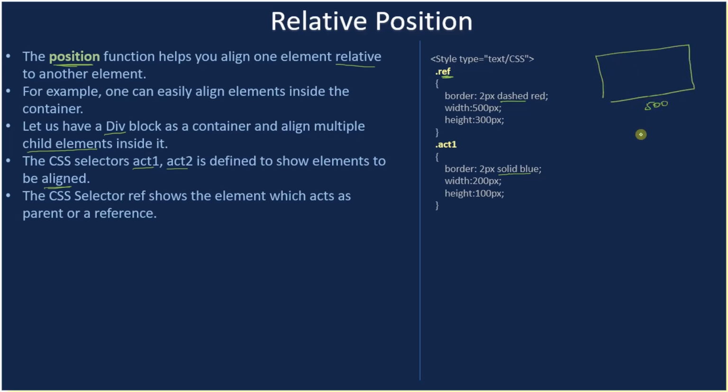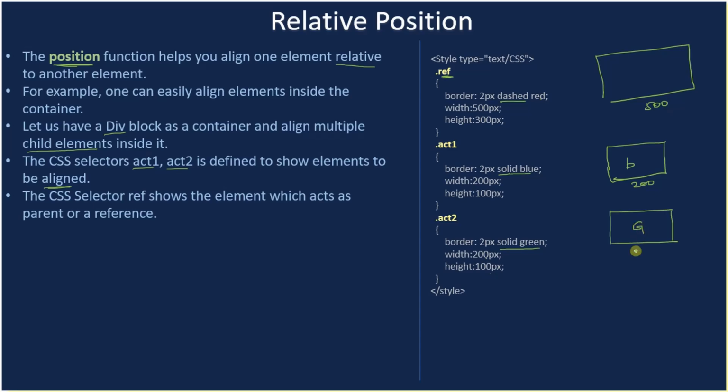There are two rules we are defining here, and act2, if you see, is a solid green, same size, 200 pixel by 100 pixel. One appears in blue and another appears in green. This we will use as a parent. So just some CSS rules we defined.